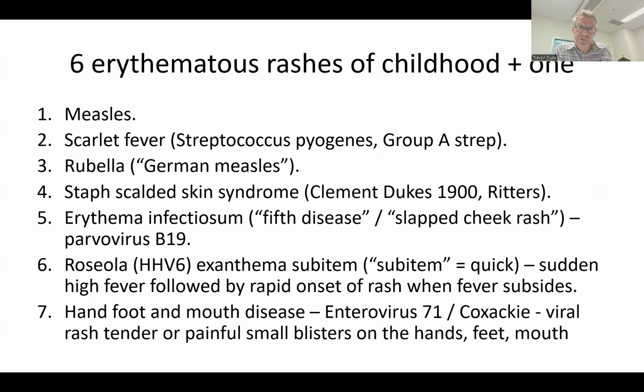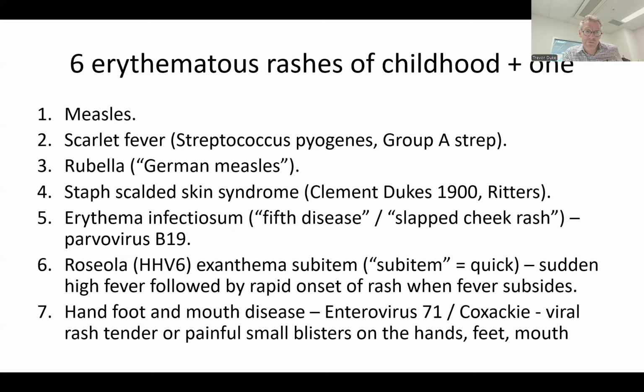In fact, thousands of years ago, measles was described first, and then came scarlet fever, which was very common for hundreds of years. Scarlet fever is due to Streptococcus pyogenes or group A Streptococcus. And then came German measles or rubella, which I showed you a picture of before. And then came staph scalded skin syndrome or staph toxin mediated disease. I'll talk a bit about that.